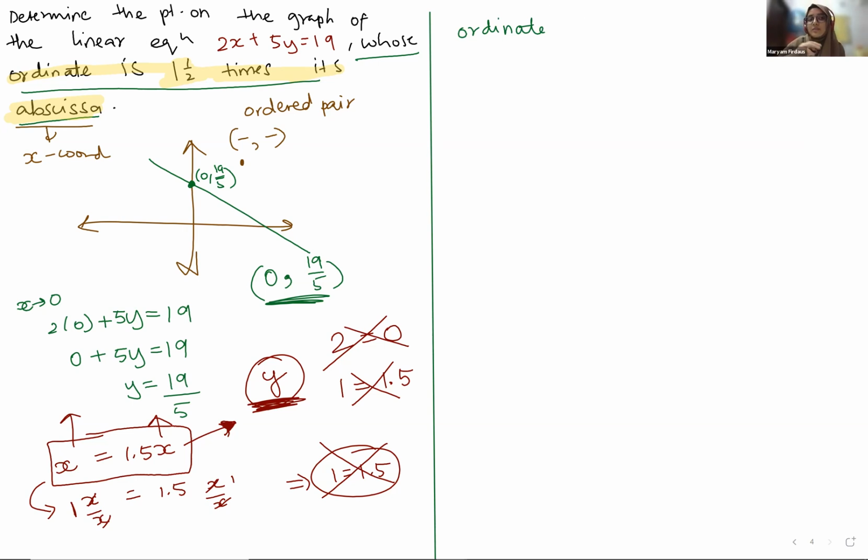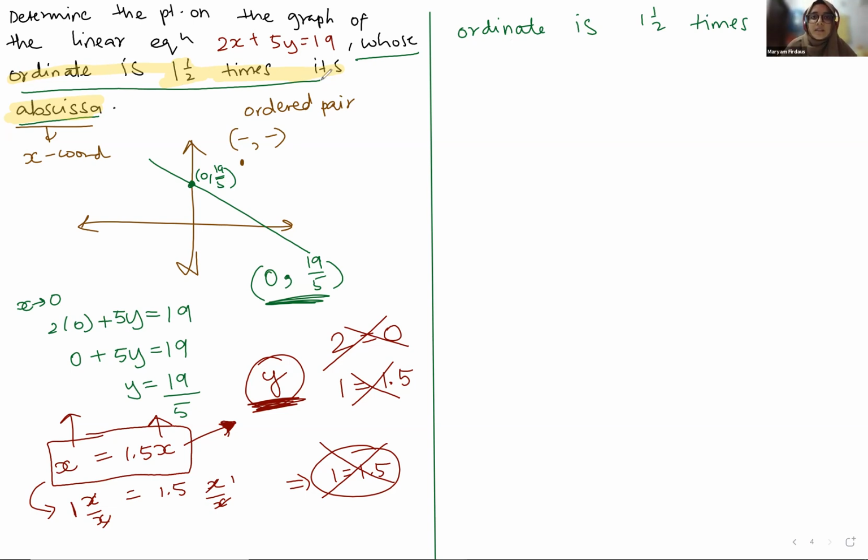And now this is one tip that has really helped me throughout my math journey. When we are translating from one language to another, we translate word by word, right? So let's translate word by word here. Ordinate is 1.5 times abscissa.